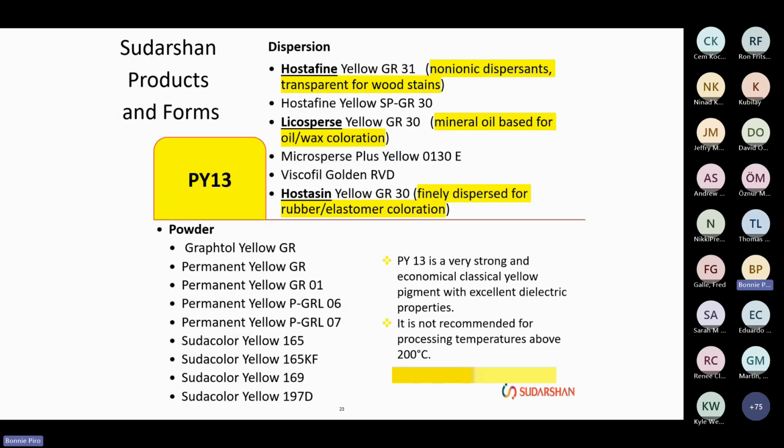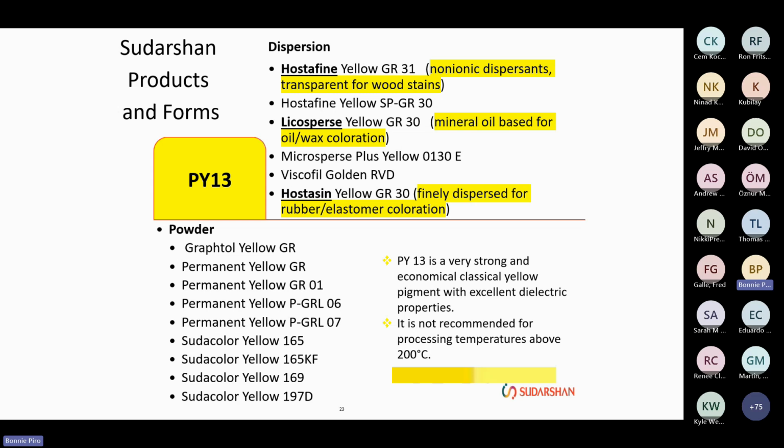So for the Pigment Yellow 13, Pigment Yellow 13 and 14 are the two workhorses primarily on the ink sides, and these tend to be kind of regional, not specific, but there typically is more of a desire for one color index over another color index, depending on what part of the world that you're in.